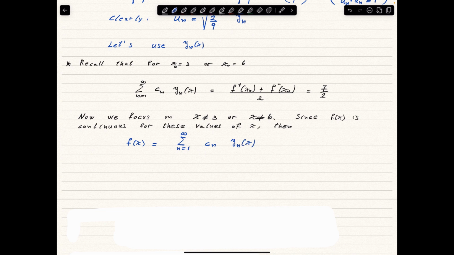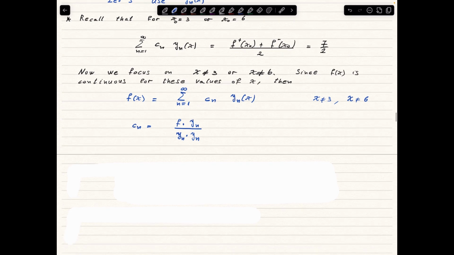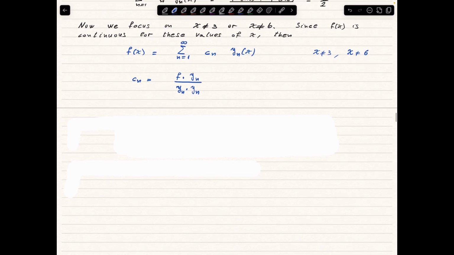And recall this expression is for x different from 3 and x different from 6. What is the coefficient Cn given by? It is given by the dot product of f with yn divided by the magnitude of yn squared. All right, so we need to do this calculation.